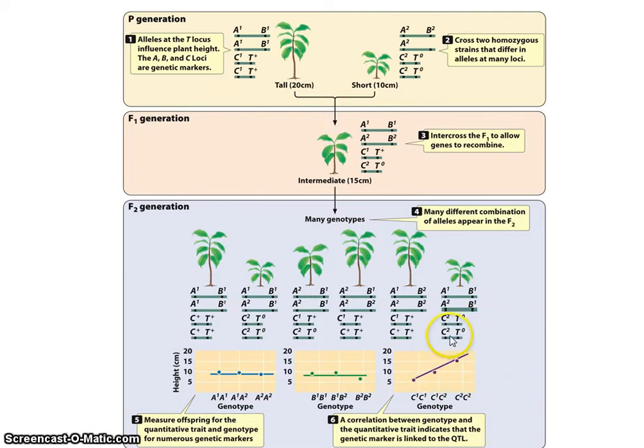And you may even have enough density of markers on that chromosome to say not only is it on chromosome 2 or 4 or 5, but it is in this particular region. So what QTL mapping does is it gets you close to your gene of interest, but it doesn't actually give you the gene, because it's based on recombination frequencies, as we talked about when we were talking about linkage. It's not necessarily super high resolution.